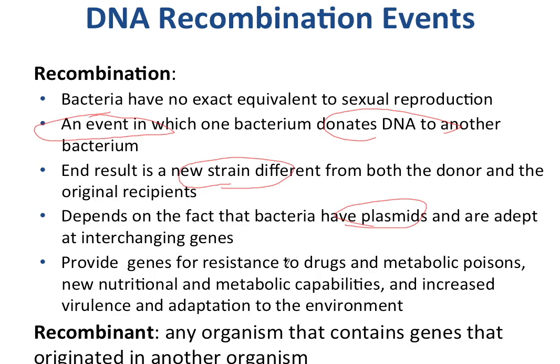The recipient, the bacterium that accepts the donated DNA, will express the resistance to the drug. When the bacterium accepts the donated DNA, it can conjugate the donated DNA to its genome, and then express the resistance. So this is one example of recombination.